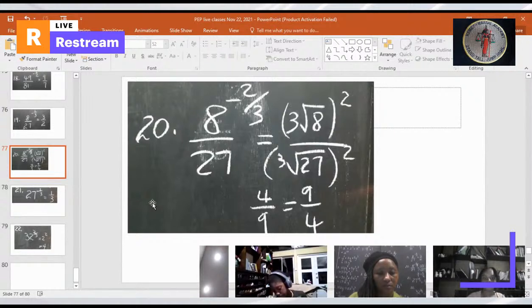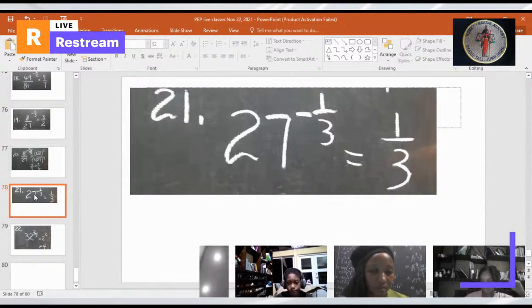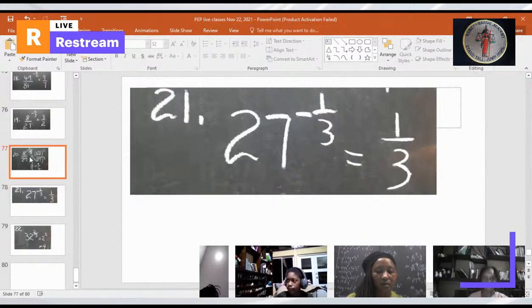The cube root of 8 would be 2, and 2 to the 2 power would be 4. The cube root of 27 would be 3, and 3 to the 2 power would be 9. Because it's negative, we would switch the fraction. So 4 over 9 would be 9 over 4, and that would be our answer.